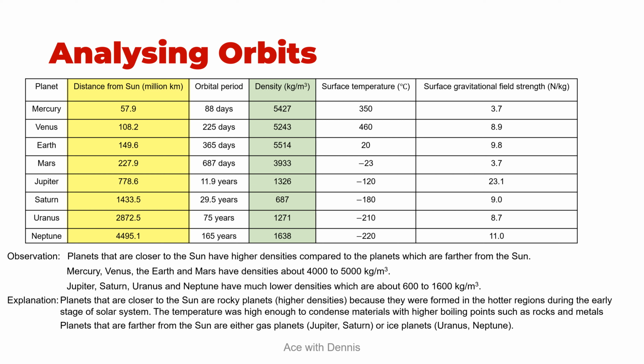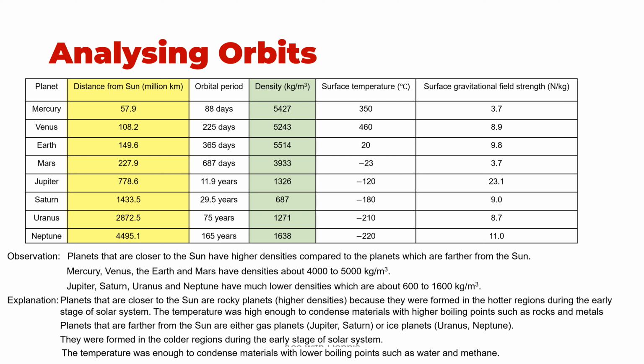Planets that are farther from the Sun are either gas planets, like Jupiter and Saturn, or ice planets, like Uranus and Neptune. They were formed in the colder regions during the early stage of the solar system. The temperature was only enough to condense materials with lower boiling points such as water and methane.